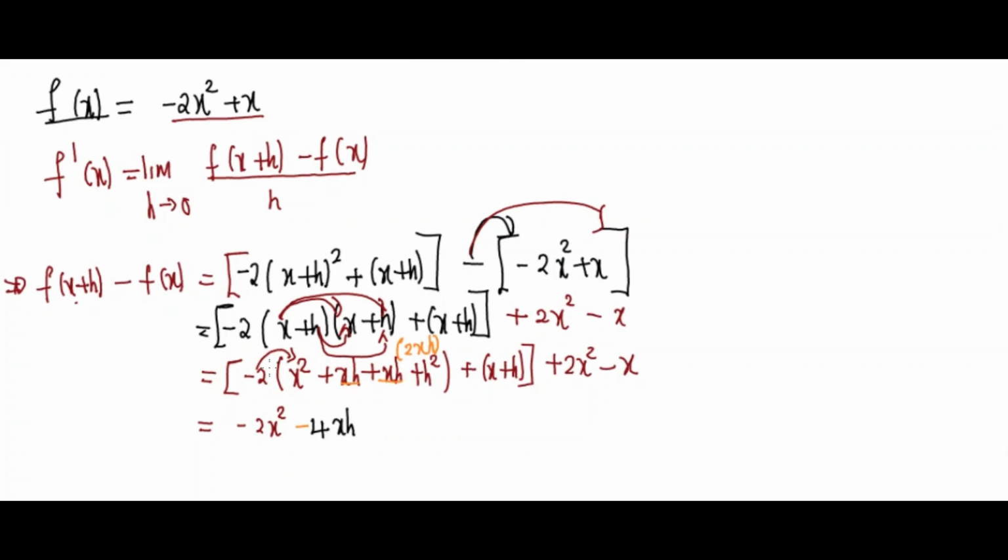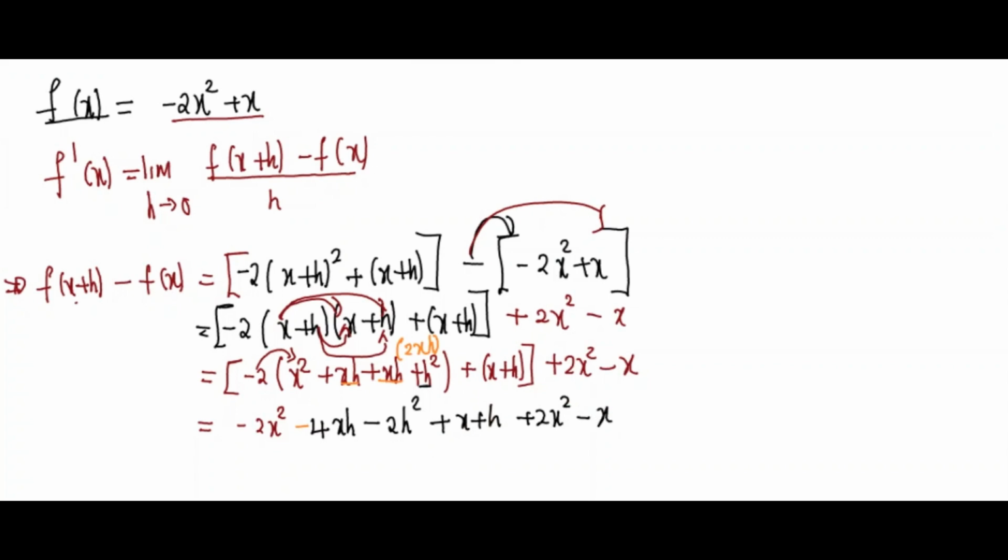And minus 2 times this h squared will become minus 2h squared. Then here we don't multiply anything, but we can remove brackets since it's positive. So we'll have x plus h plus 2x squared minus x.